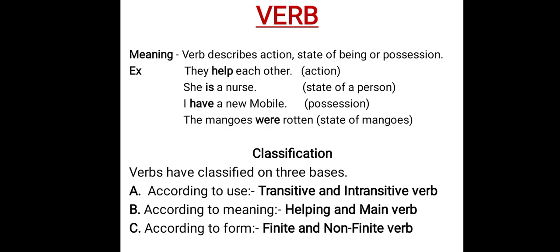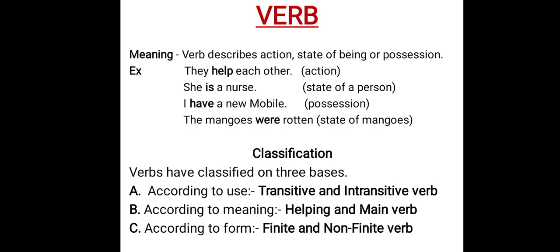In the next example, she is a nurse. Here is is the highlighted verb, and it describes the state of a person who is a nurse. The third example says, I have a new mobile. Here the highlighted word is have, which is a verb, and it denotes possession or ownership of something, which is a mobile.